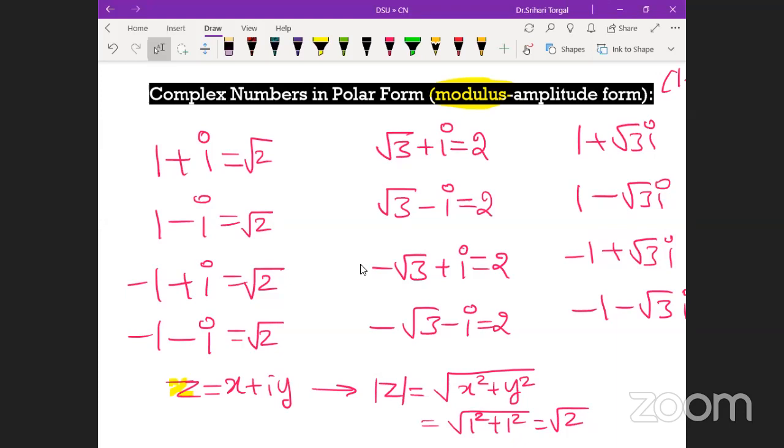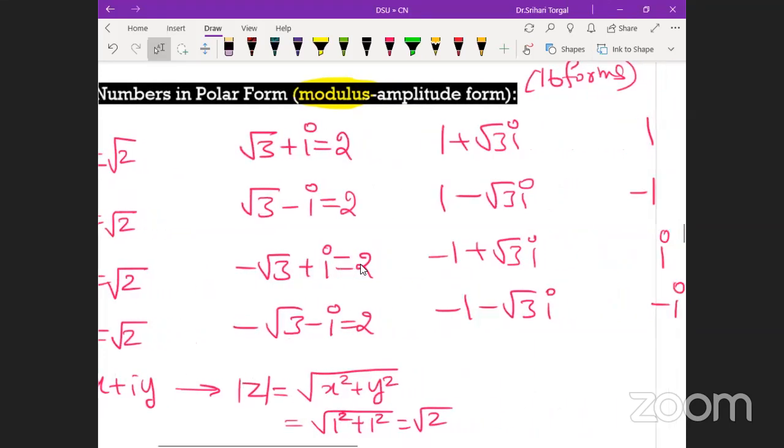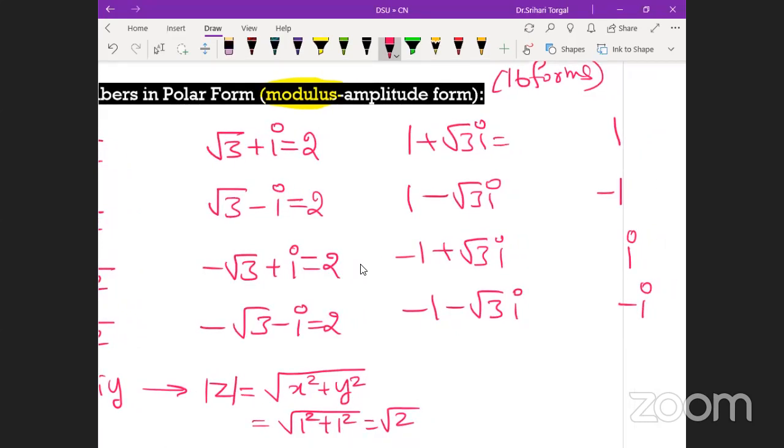If there is a change in the sign, that will not affect the modulus. You can write down directly 2 as 2. And for this it is 1, because it contains only one term. The coefficient is also 1 square plus 0 square, or 0 square plus 1 square.